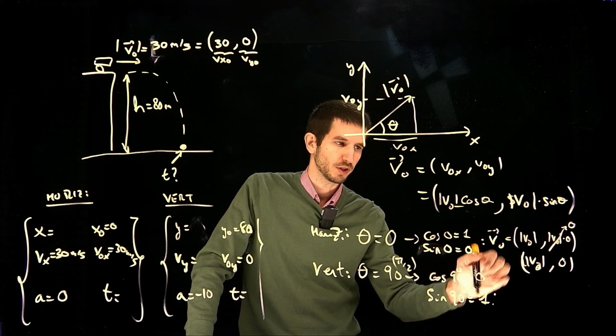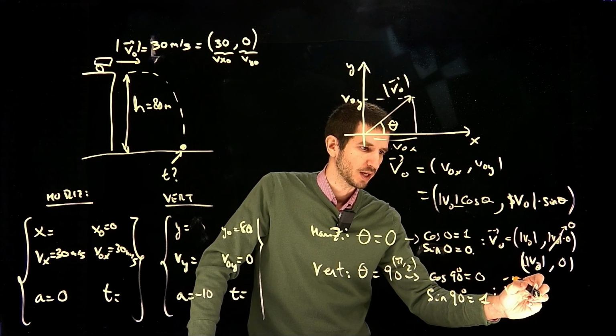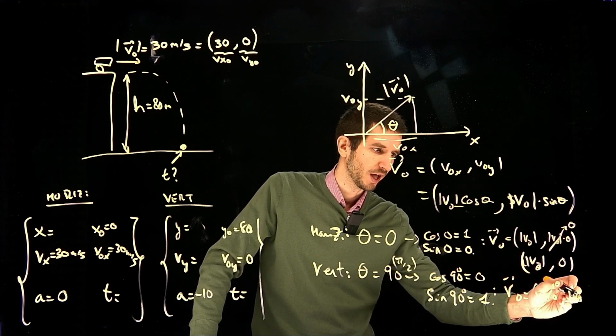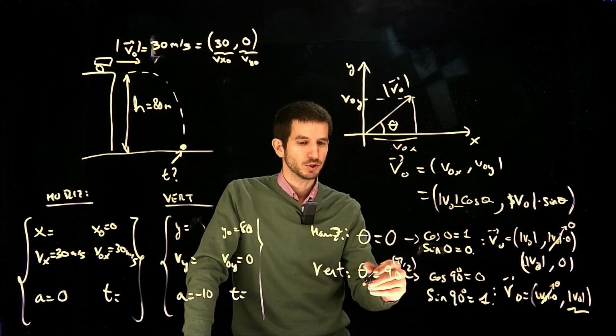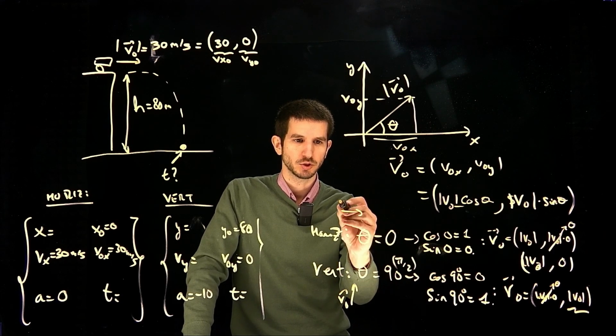So we have actually the opposite scenario. The entire velocity is given by v sub 0 times 0, this is the x component, which is 0, and then you're going to have v sub 0 times 1, which is just purely v sub 0. So again, by definition, the entire motion is going vertically. In the previous case, the entire motion was going horizontally.